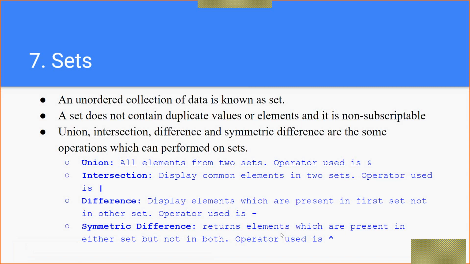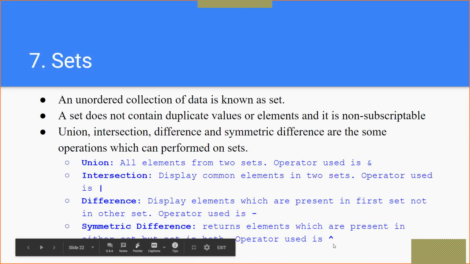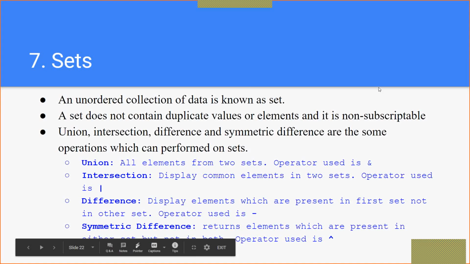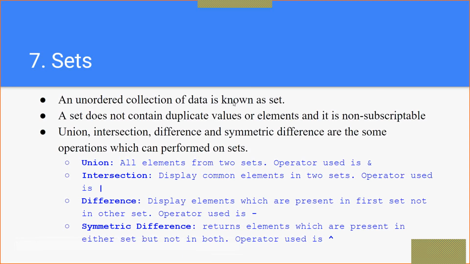It returns the elements which are present in either set but not in both. The operator used for this is the cap or power operator. This cap operator is there on your keyboard, above the numeric 6 key. So these are the operations we can perform on sets.